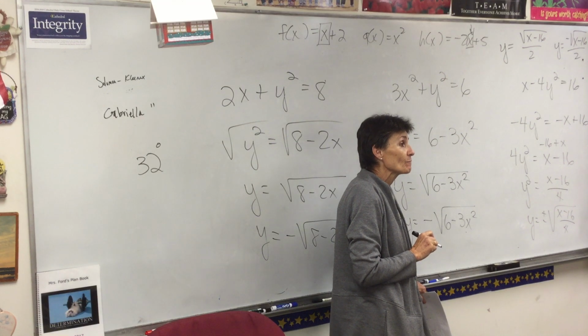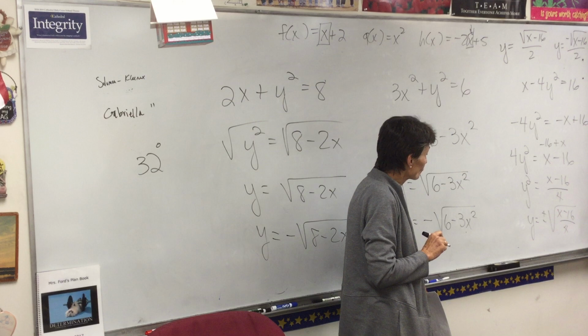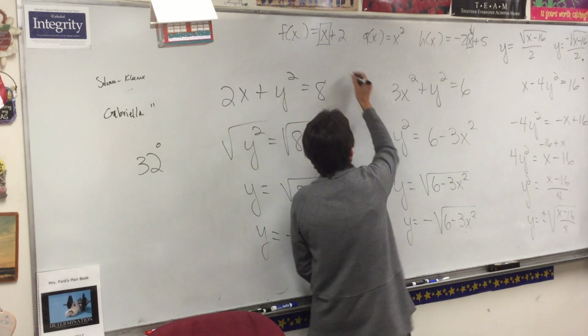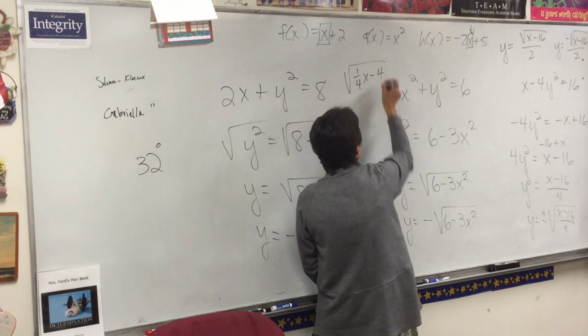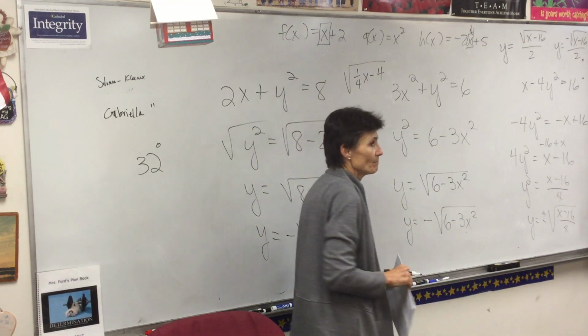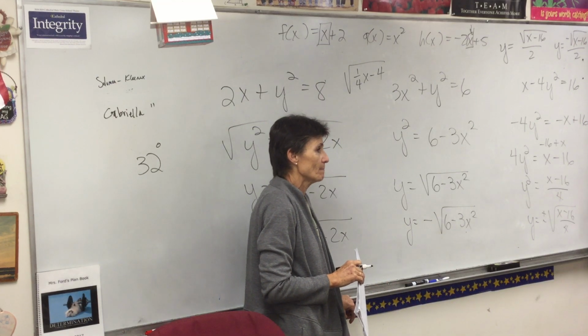I just divided them, so it would say y squared equals 1/4 x plus negative 4. So yours says y equals the square root of 1/4 x minus 4? Yeah. That's okay, that's all right. That's not the best way of writing it, but for our purposes, it's fine.